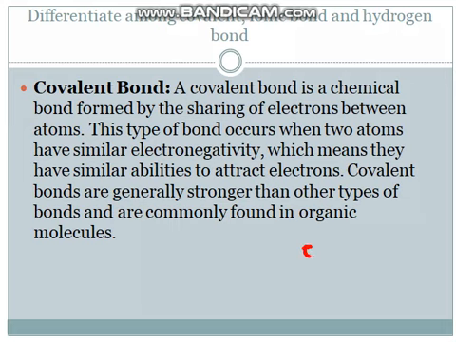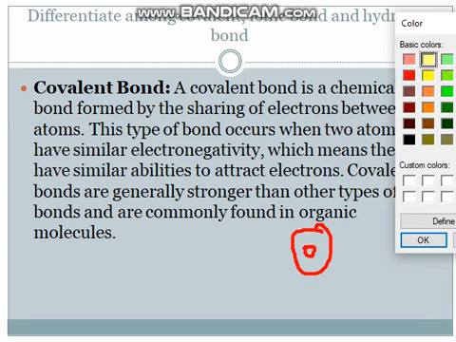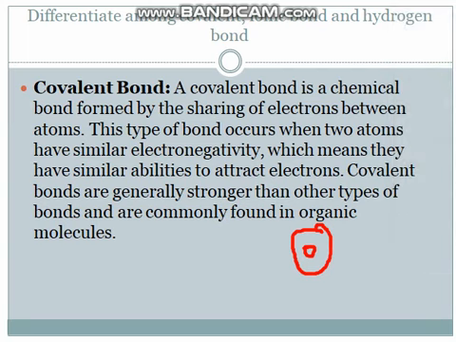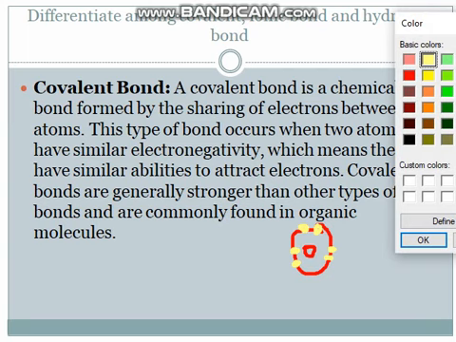Okay, let me draw this. This is an oxygen atom. I'm just drawing the valence shell. So we've got 6 electrons in the outermost shell of oxygen: 1, 2, 3, 4, 5, and there's 6. Now draw another one.